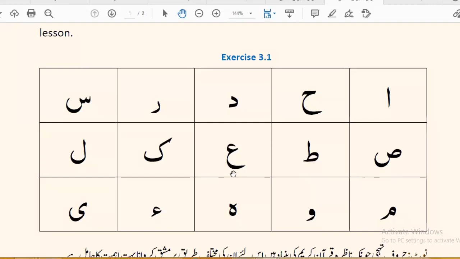Excellent. Good attempt at the sound of this letter. Brilliant. Let's move on. This is Kaf. Good. Well done. So a nice smiling face when we say this letter. Kaf. Lam. Excellent. Good. Well done.